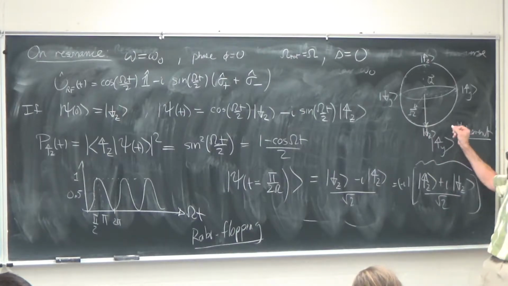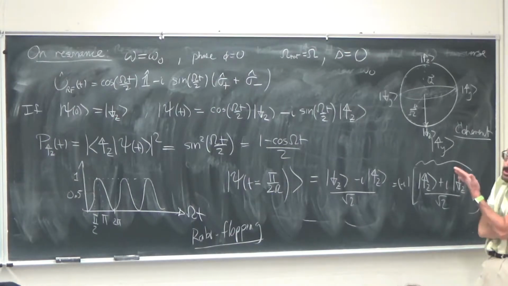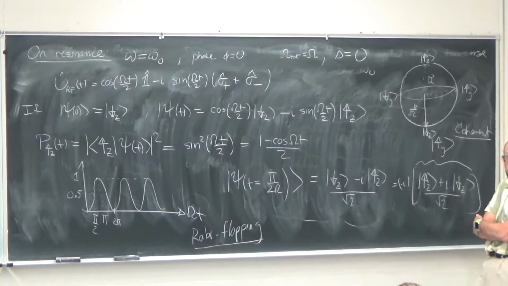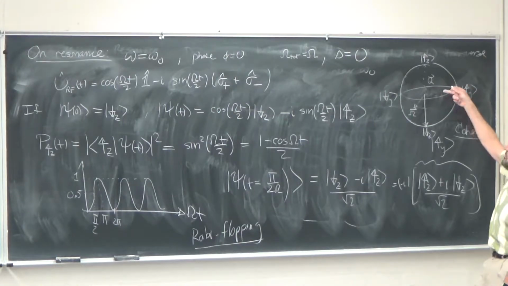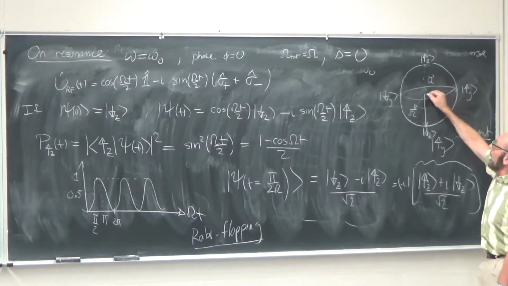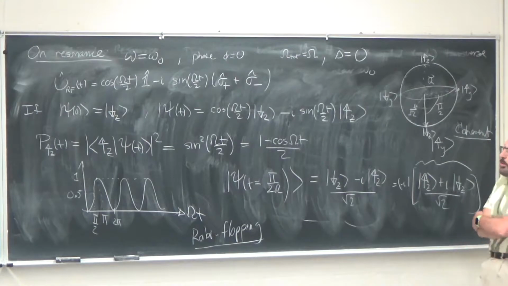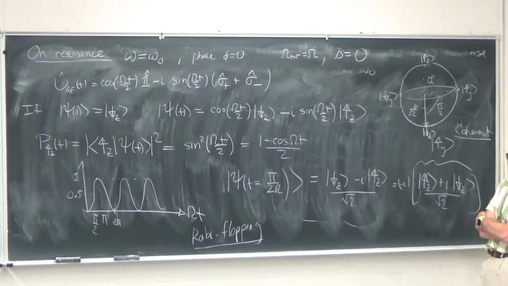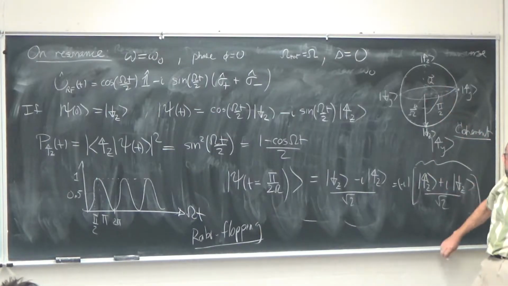That is to say, the system at all times is a pure state, because it started in a pure state and it evolved according to a unitary transformation, and at all points it was in some superposition of spin up and spin down. In fact, at this point, when this angle was pi over 2, which is known as a pi over 2 pulse, it is in a 50-50 superposition of spin up and spin down. When I do a pi pulse, then I put it all the way to spin up.